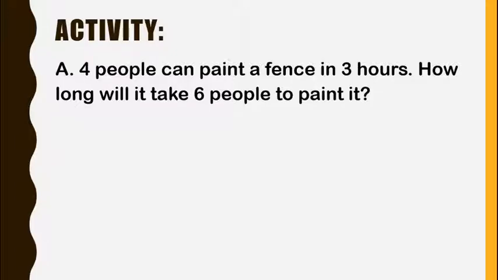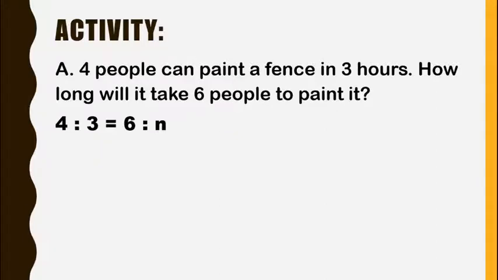So the first thing we need to do is to write the following as a proportion or ratio. So we have 4 people over 3 hours equals 6 people over n, since we don't know how many hours we need if 6 people will paint that fence.